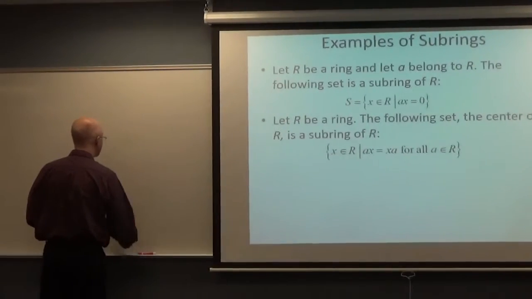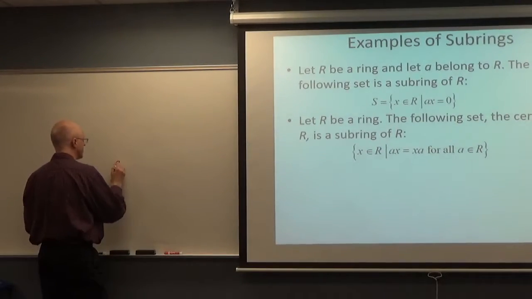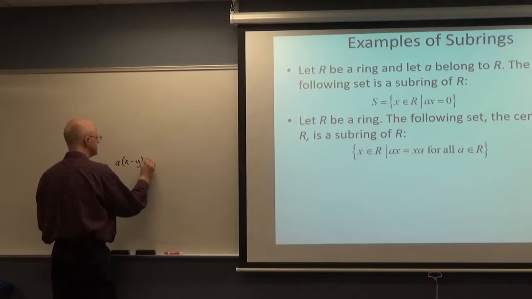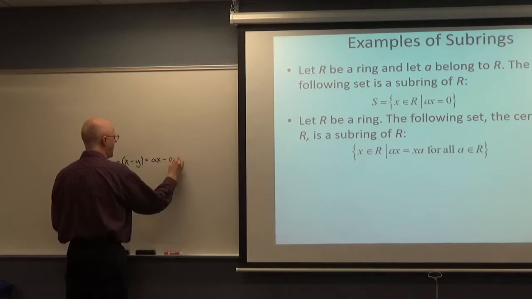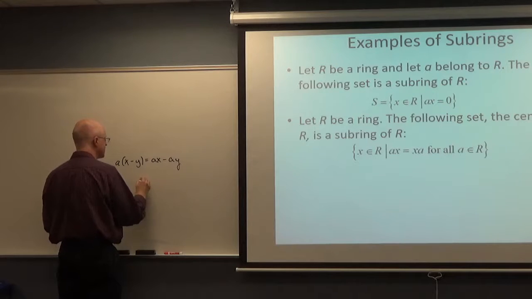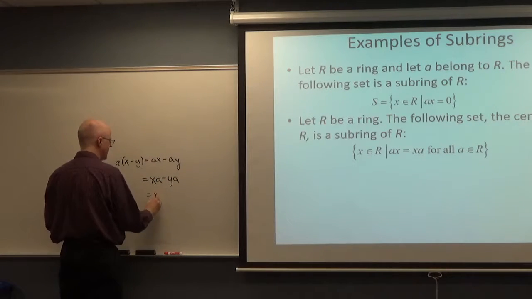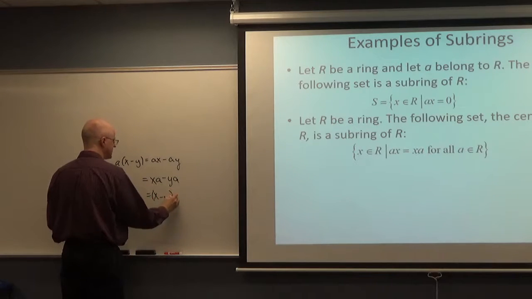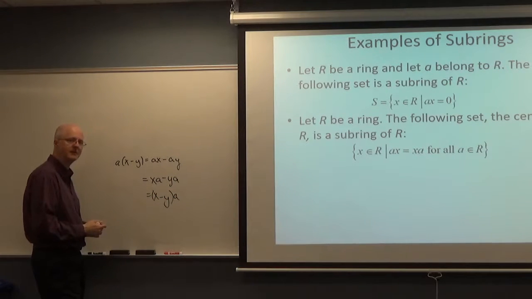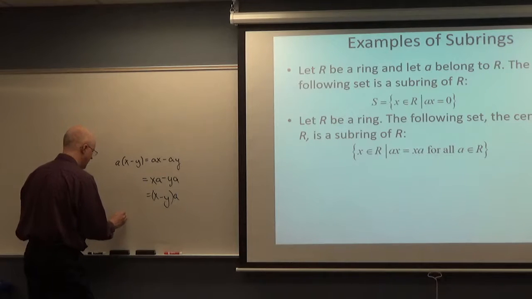Is it closed under multiplication or subtraction? If you assume X and Y are in the center, then you could write this and use both the left and right distributive laws to say ultimately that X minus Y would be in the center. And is it closed under multiplication?